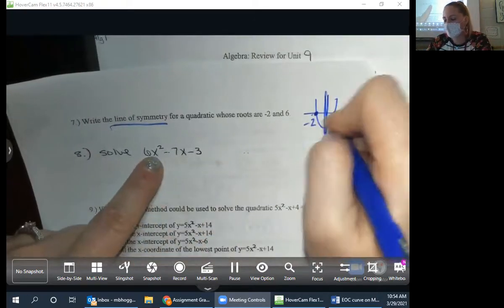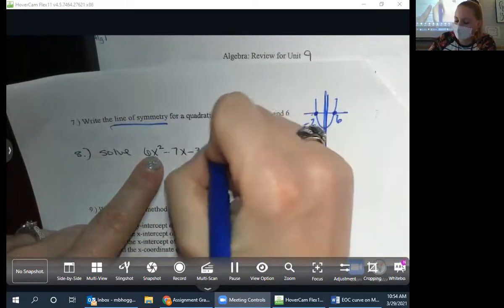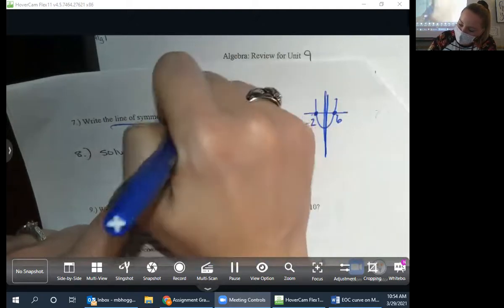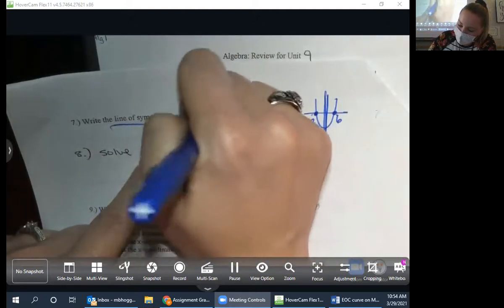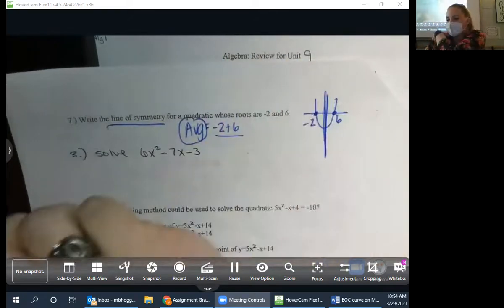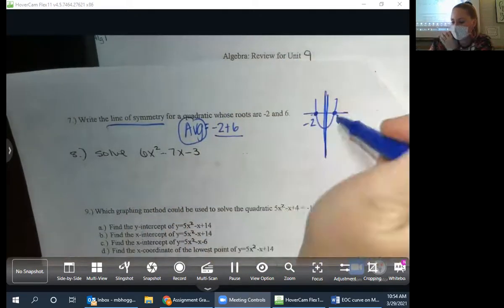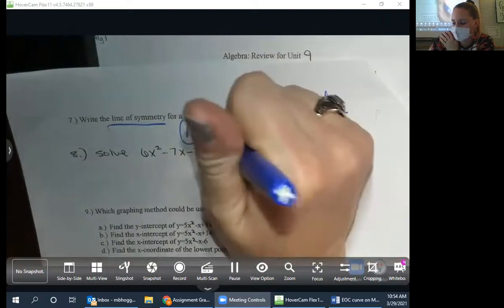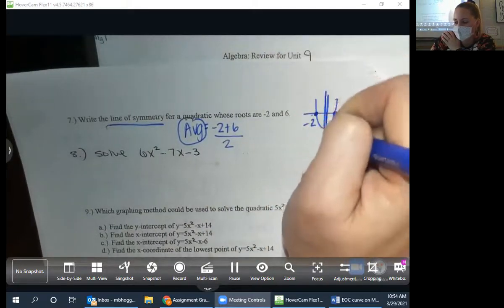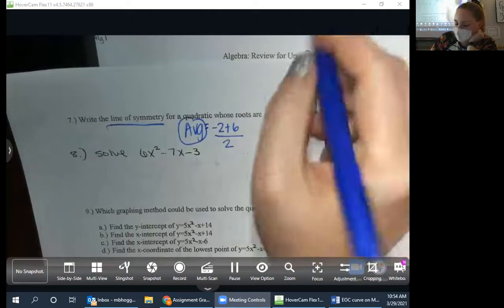How do we know what the midpoint between -2 and 6 is? We could look at a graph, but we don't have an equation. Remember when I taught y'all how to take the average? Take the average of those two numbers, because the average between -2 and 6, the mean, is going to be that middle point.